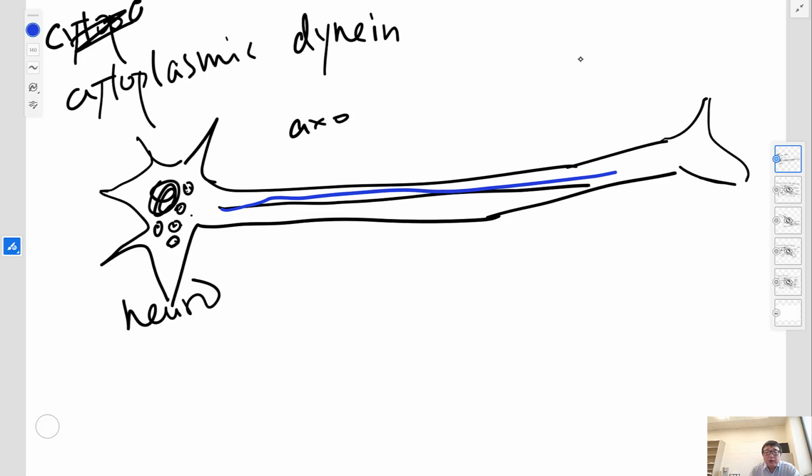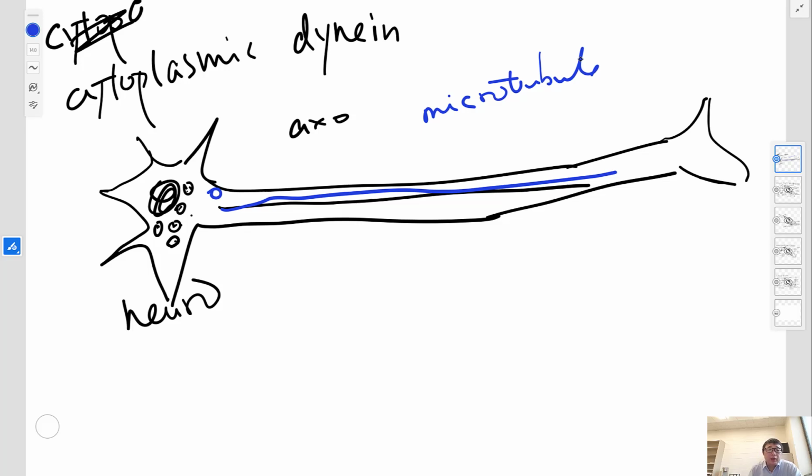There are microtubule rails in the axon, and then there's this particle. What can drive this particle? There are two molecules that can walk along the microtubule to drag the particle, vesicle, or cargo from this end to that end, or from that end to this end.